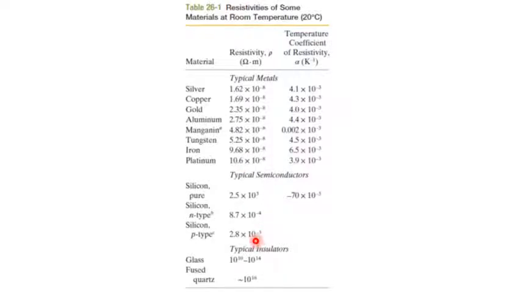It is only 10 to the power minus 3 or 4. In some cases, it can reach up to 10 to the power 3, but it is still much smaller than 10 to the power 10. So in between the conductor and the insulating material, there is a category of materials called semiconductor materials.